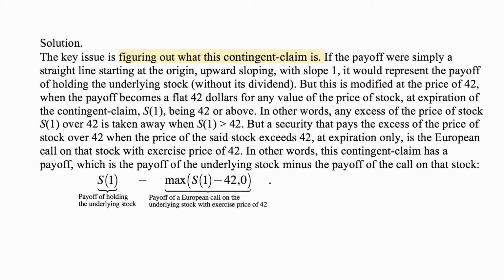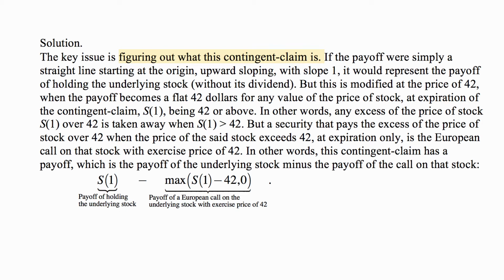And that price is denoted as S of 1, being 42 or above. In other words, any excess of the price of stock S of 1 over 42 is taken away when S of 1 is greater than 42. And what do we call something that pays you the excess over 42 if the price is over 42? Well, it's called a call with exercise price of 42. So what we have here is the stock, although it's the value of the stock at expiration, so no dividends in between.